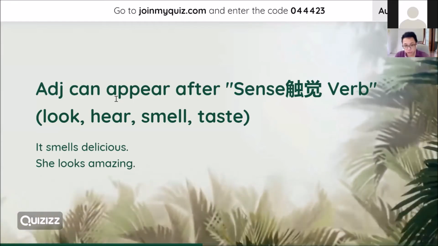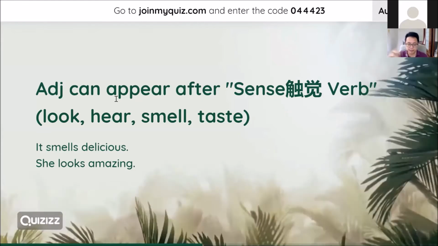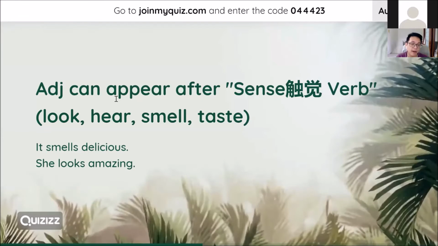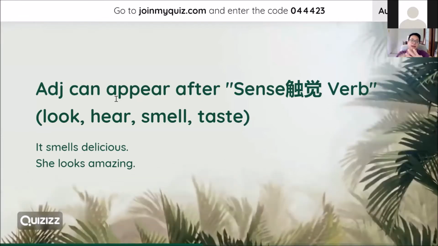Other verbs, it is not very usual for adjectives to appear. They only appear after sense verbs. Okay, so 3 places adjectives can appear.